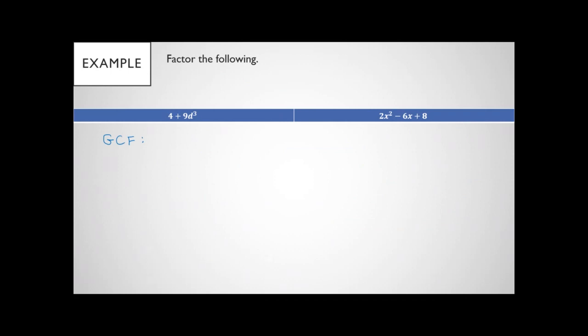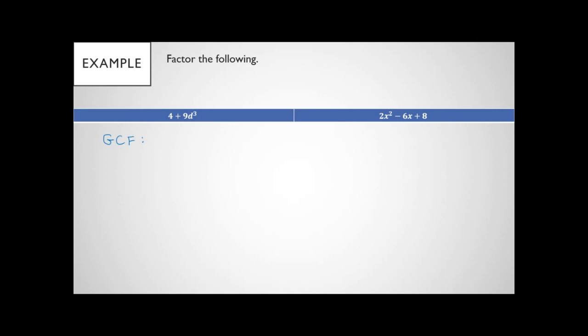Do they have something in common? And the answer is no. There's no number that I can divide into 4 and 9. 2 divides into 4, but it doesn't go into 9, at least not evenly. 3 goes into 9, but it doesn't go into 4. So there's no number in common. And they have no variables in common either, because the 4 doesn't have any variables and the 9 part does.